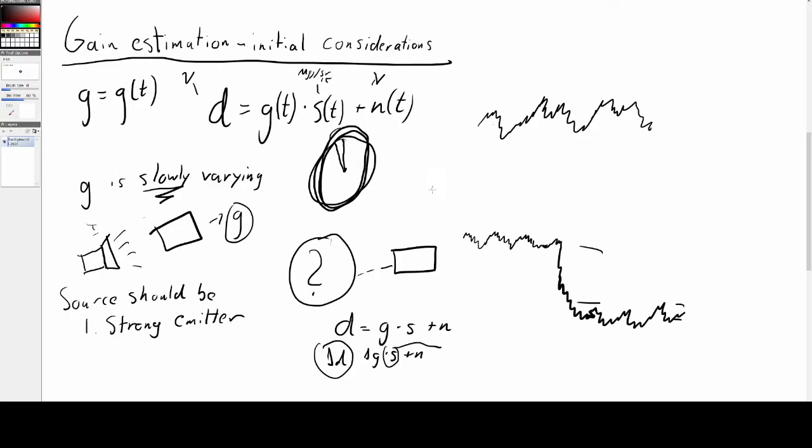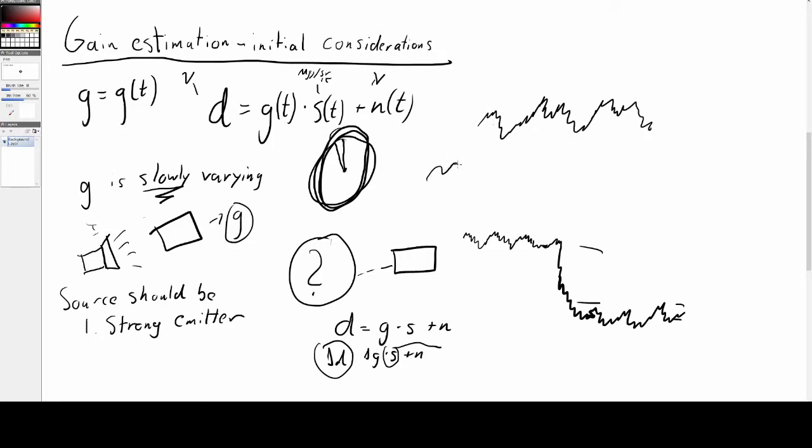The second way in which a source could help us lift this degeneracy would be if the source had an emission signature that we knew perfectly well, because then we could look for that signature also in the data, and presumably it would be very hard for the noise to replicate this perfectly. So we would know that when our data varied, it would be because the signal varied, and thus we could adjust the gain so that it matches up with that variation.